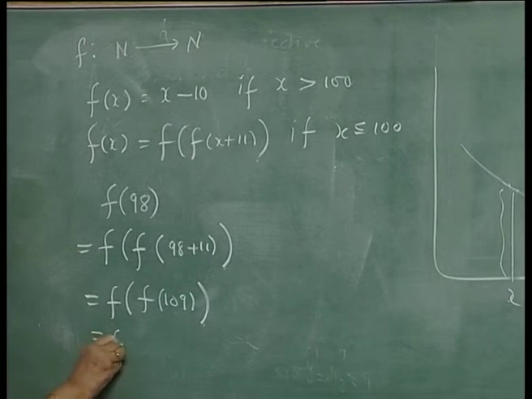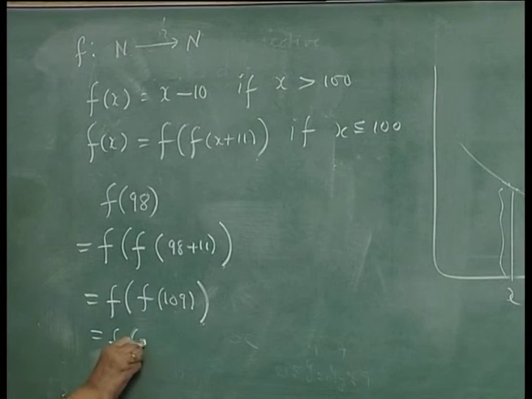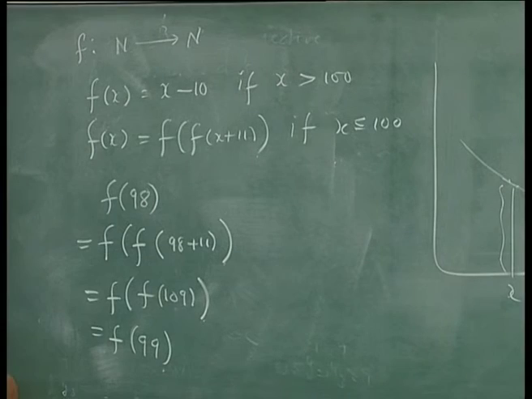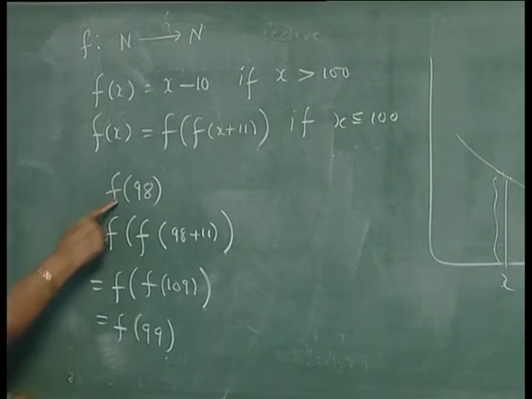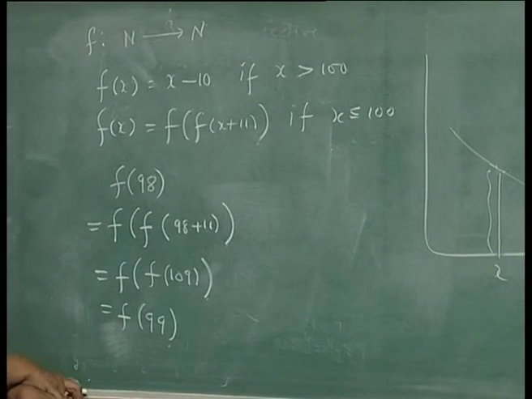So, this will be minus 10. So, f of 99. So, what do you get? You get f of 98 is equal to f of 99.